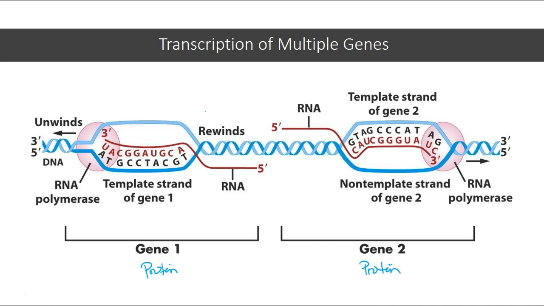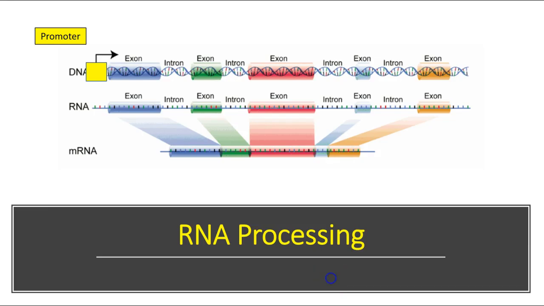Because this is a eukaryotic chromosome, or a eukaryotic section of DNA, we can actually produce multiple mRNAs from the same section of DNA, especially if they are different genes, because this RNA polymerase can actually be moving this way, producing the RNA associated with the gene, and this RNA polymerase can actually be moving this way on the same section of DNA, as we make two different mRNA molecules from two different genes to produce two different protein products.